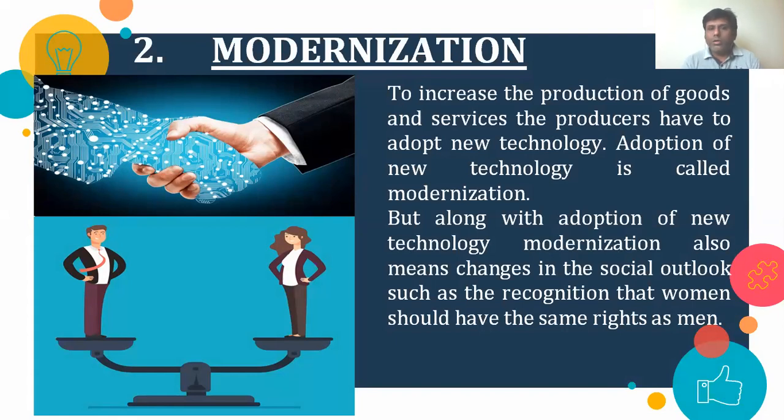There should be equal rights and opportunities available to females as compared to men. Both male and female should have equal rights, equal job opportunities, and equal education rights. Everything should be equal, with no partiality. So modernization has two main phases. The first is using new and latest technology for the production of goods and services. The second is changing social outlooks towards females.